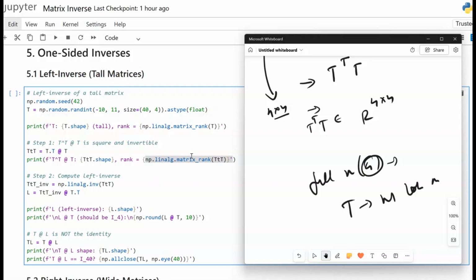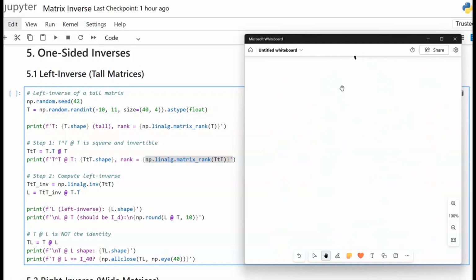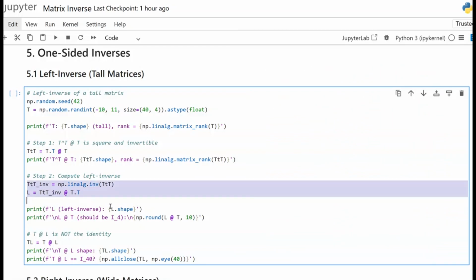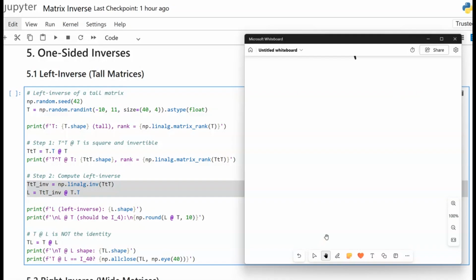Let me construct the left inverse by using the standard formula. Here we are computing the left inverse, and let me mathematically specify: L equals (T transpose T) whole inverse multiplied by T transpose. This is the exact mathematical equation.